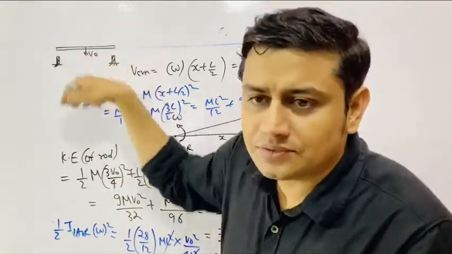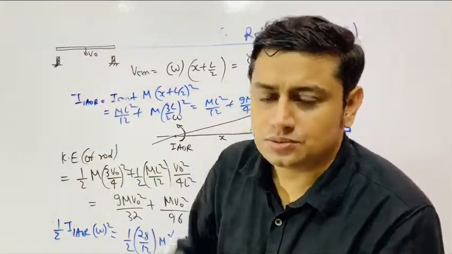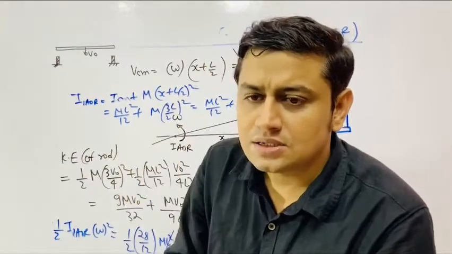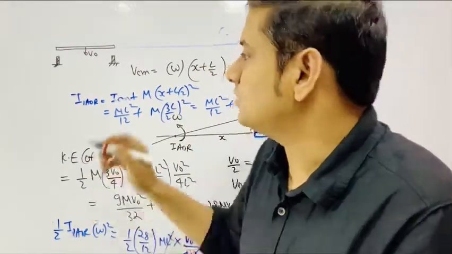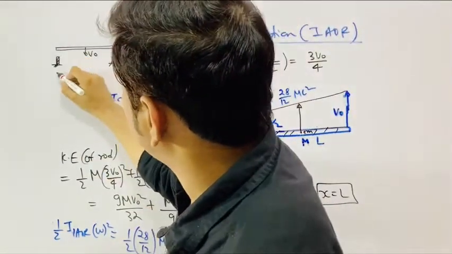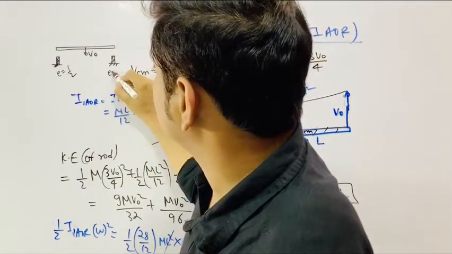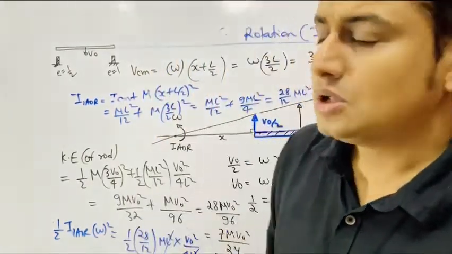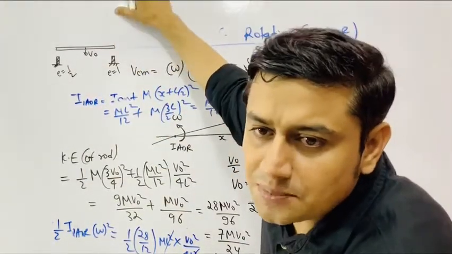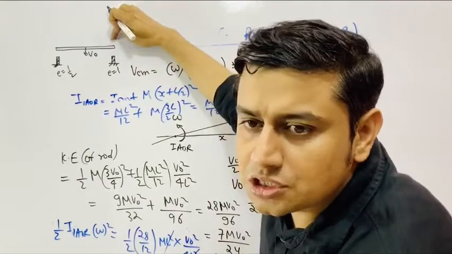So this came with a velocity v naught and collided with these two. During collision, the coefficient of restitution here was half. For this collision, E was half, and here it was an elastic collision, E was 1. So at this point, velocity of separation is E times the velocity of approach.